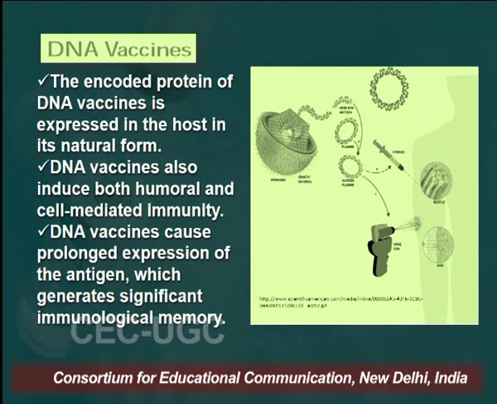DNA vaccines cause a prolonged expression of the antigen which generates a significant amount of immunologic memory cells. There are lots of DNA vaccines in clinical trials for various disease conditions.